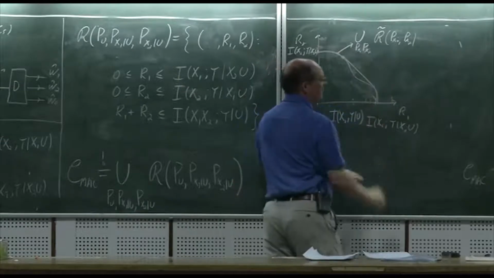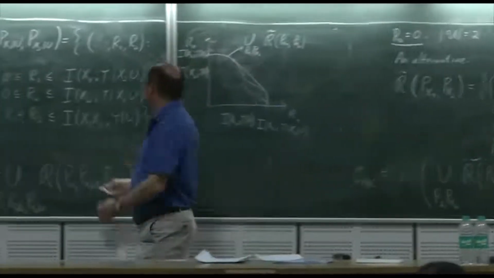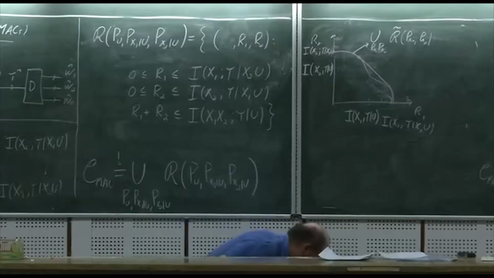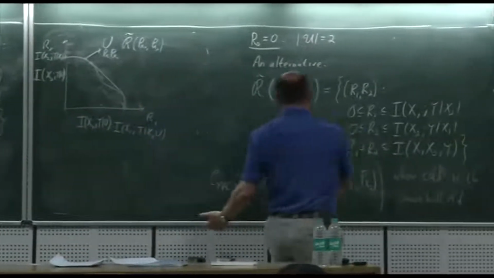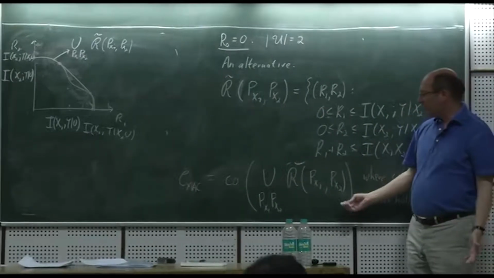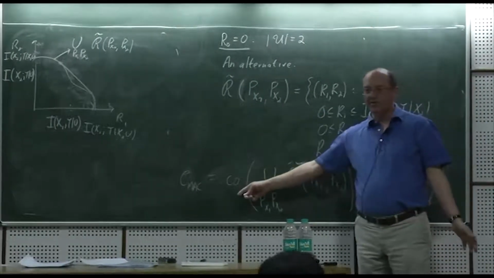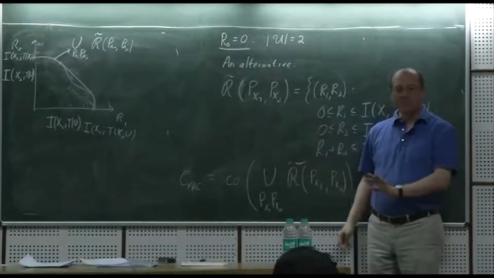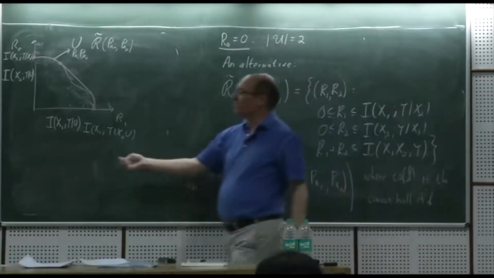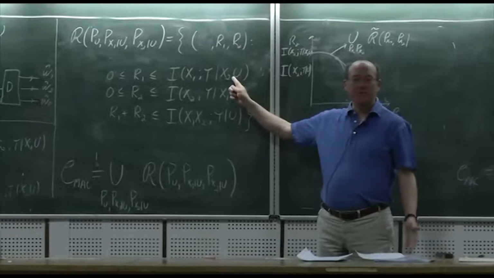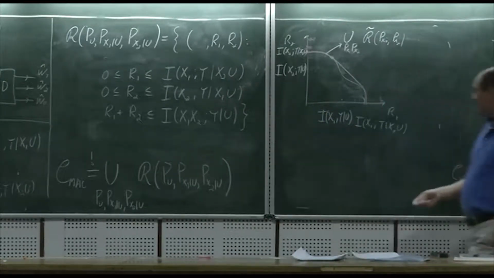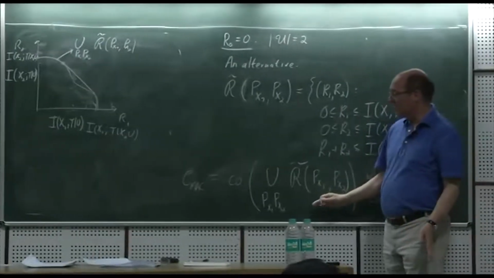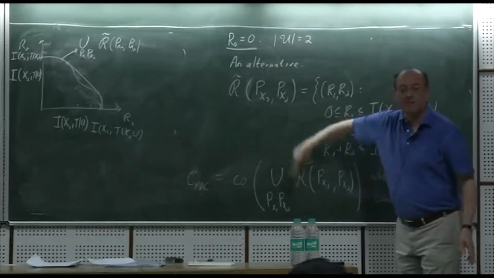Now we wouldn't need this convex hull operation if we had kept the U inside. Now most textbooks present this as the region. The only thing is you have to then do two steps, the union and convex hull. I kind of like this one for a couple of reasons. First of all, we've often seen this time-sharing random variable appear in the converse naturally, right? And in fact, it takes some work still to show that these two are the same.